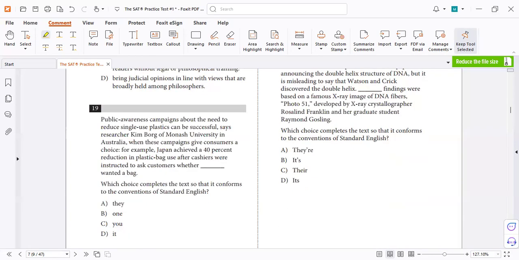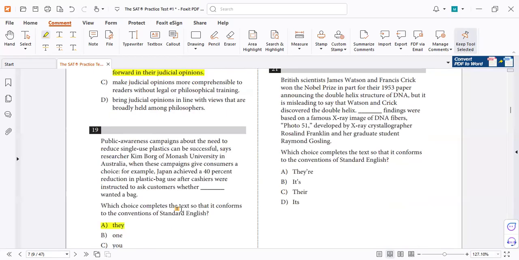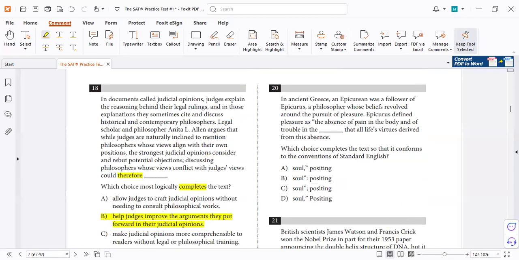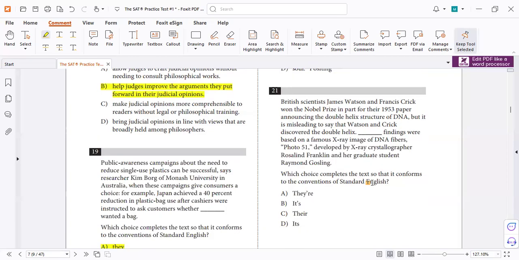Did it, alhamdulillah. 19. Okay. 19A. 19, it's A, correct. 20. 20A. 20A, correct. 21. 21 is C. 21C, correct.